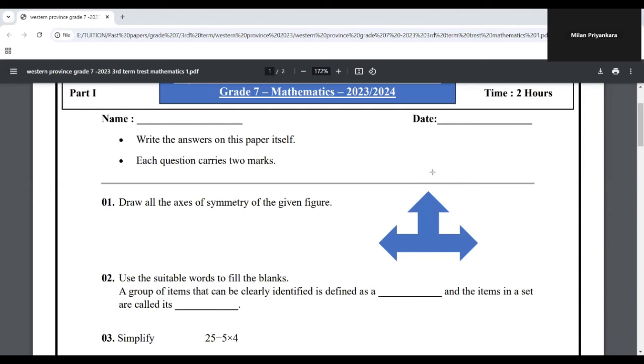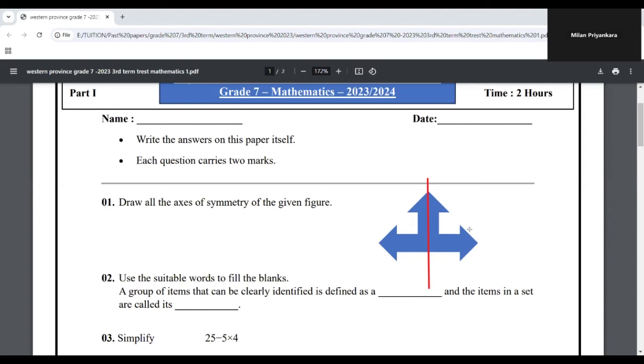Let's take this first question. Draw all the axes of symmetry of the given figure. As I can see here, you can draw this axis, and there are no other axes of symmetry on this figure.